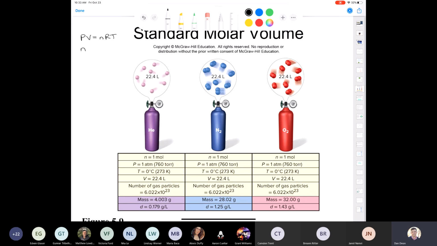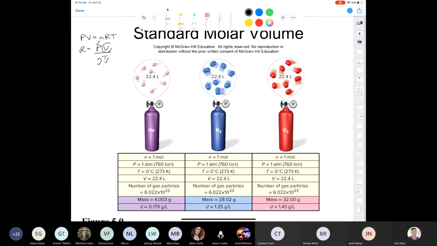Okay, so that means that my R is going to be equal to PV divided by NT.